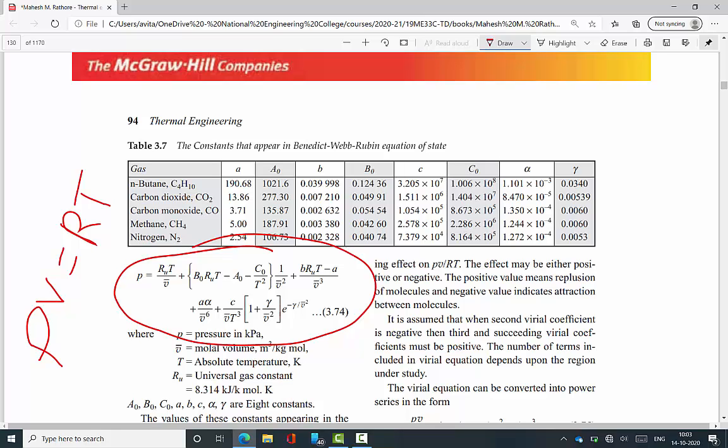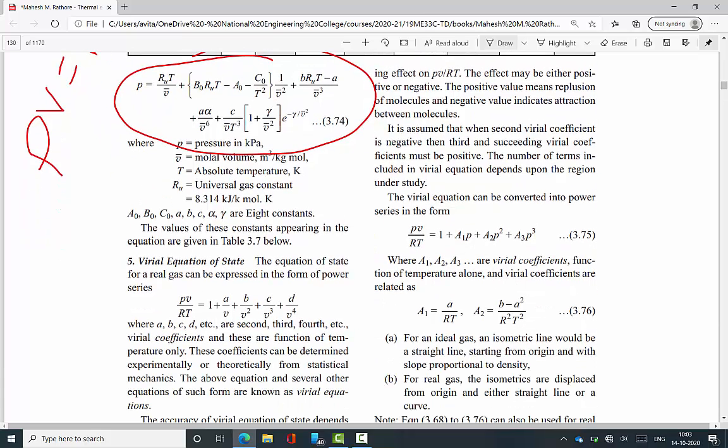Then the last equation of state is the Virial equation of state, which is a series. It's not a limited equation, not a fixed equation.